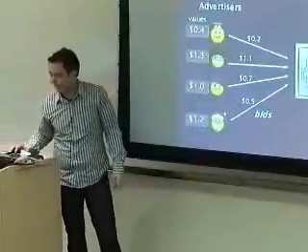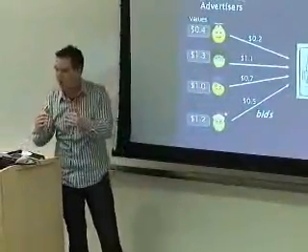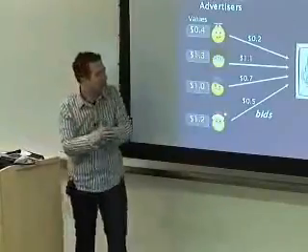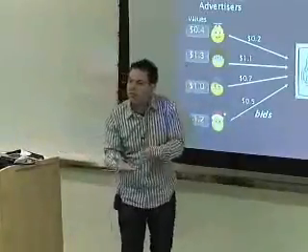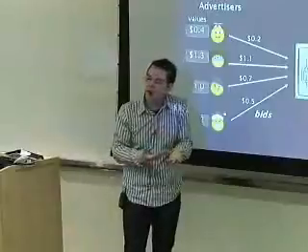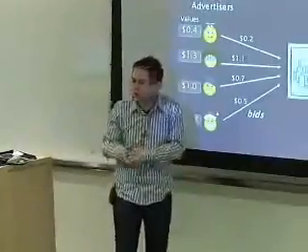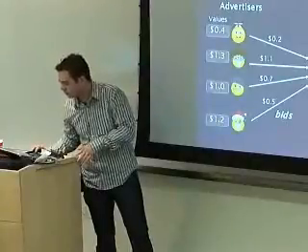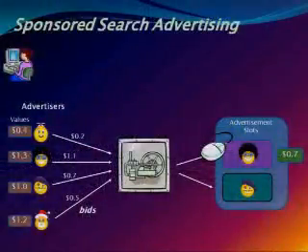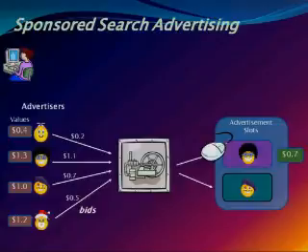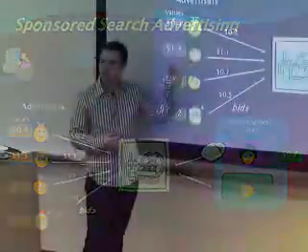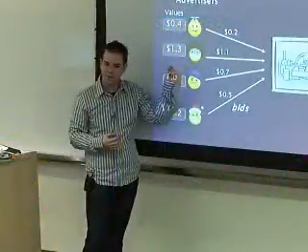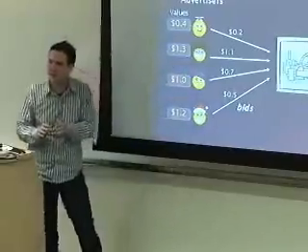The user comes in, the search engine presents the web page to the user, and the user might click on one or potentially more of the advertisements on the web page, and that's the point where the search engine actually charges the advertisers whose placement was clicked upon. Okay, is everything clear so far?